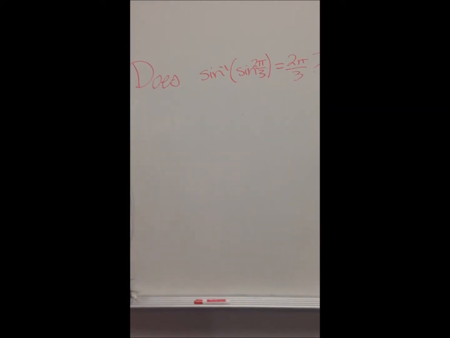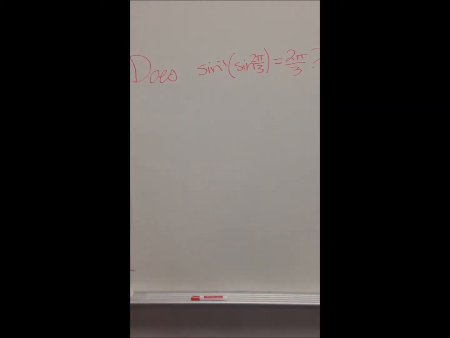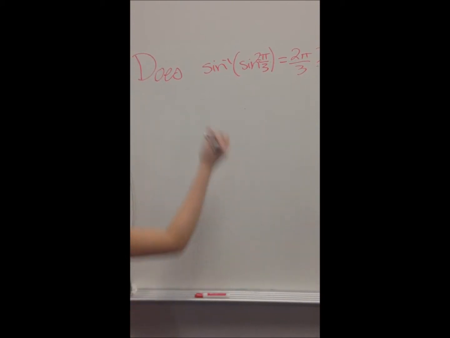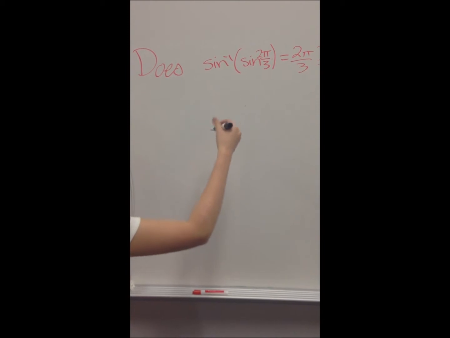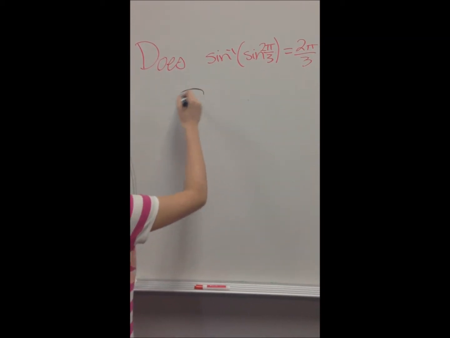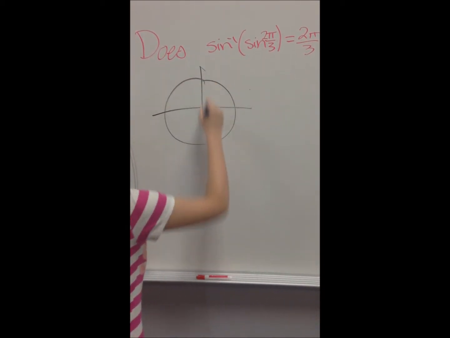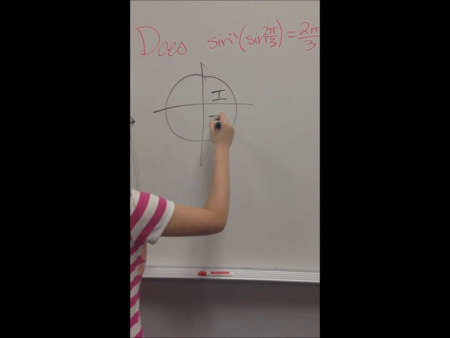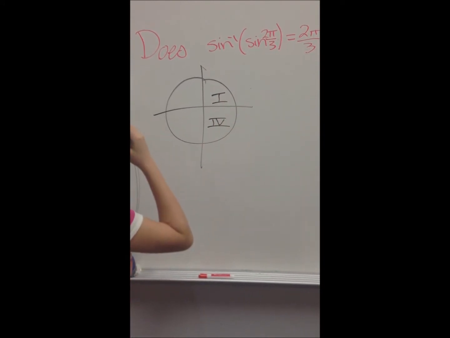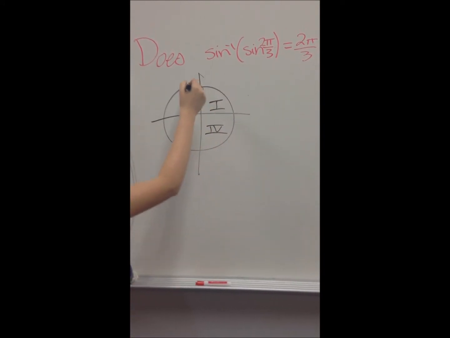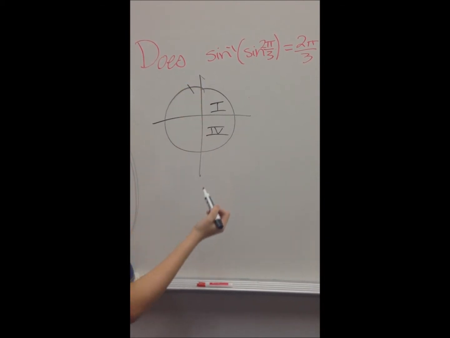Does the inverse sine of sine 2 pi over 3 equal 2 pi over 3? No, because it's inverse sine, so you have to take into account the principal interval, which is quadrants 1 and 4. Sine 2 pi over 3 is located here, which is outside of this interval.